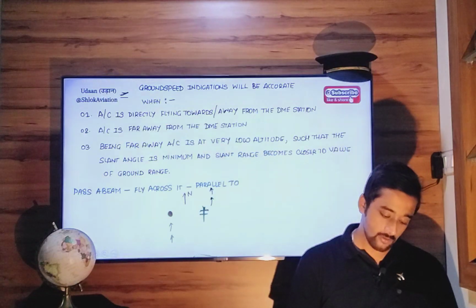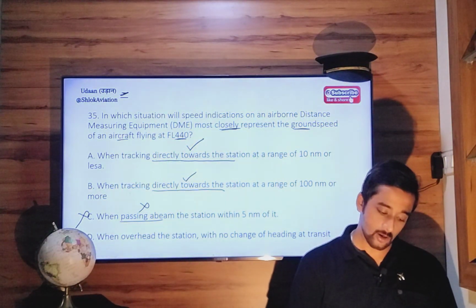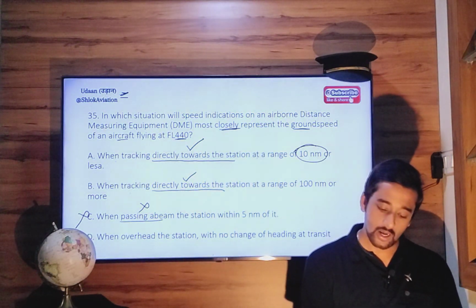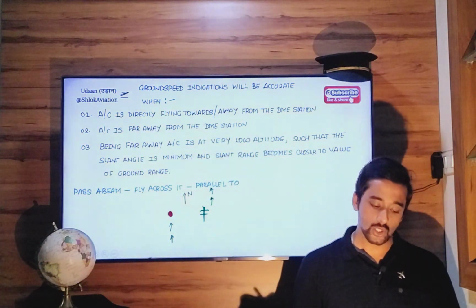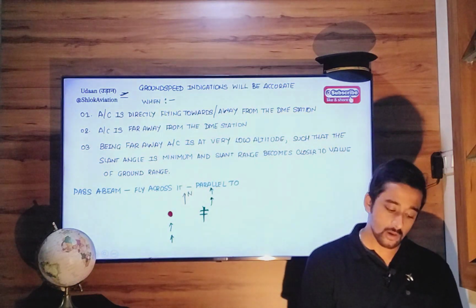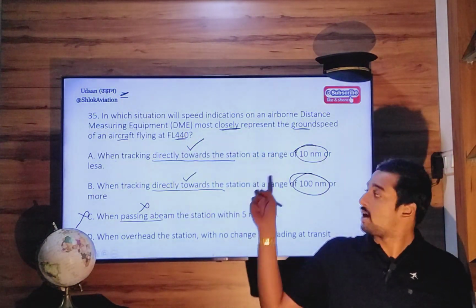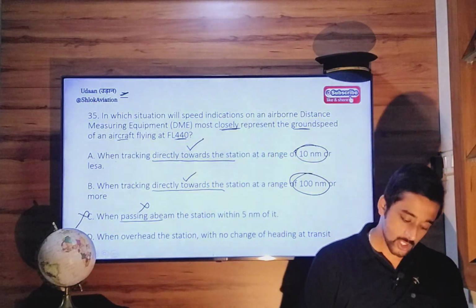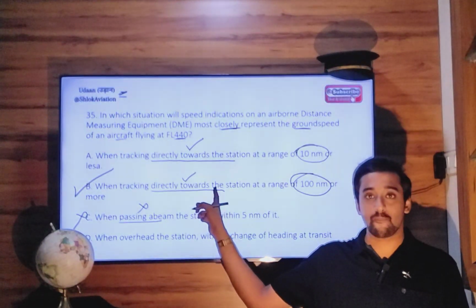So that's why ground speed won't be possible there. Alpha and Bravo are correct. And now look at the option A. You are 10 nautical miles away from the station. You are 100 nautical miles away from the station. So the conditions are you should be flying directly towards or away from the station, and you should be as far away from the DME station as possible. Here 100 nautical miles is farther than 10 nautical miles. So correct option will be option Bravo. Ground speed indication will be correct in this second case compared to the first one.